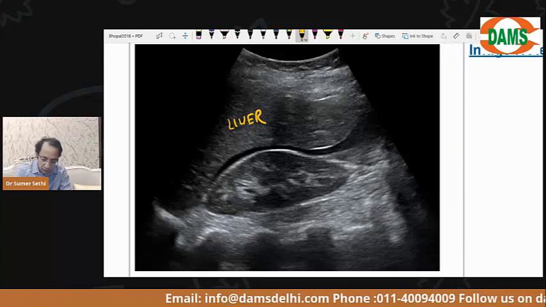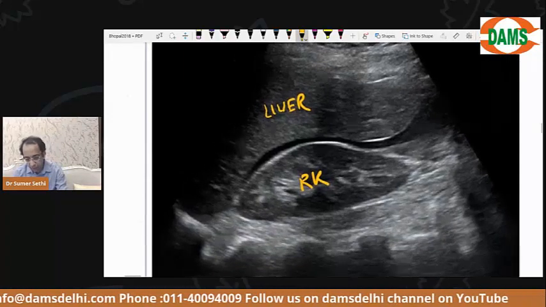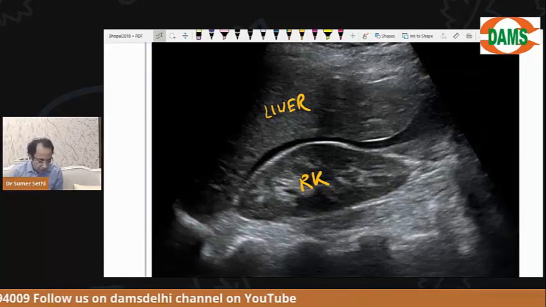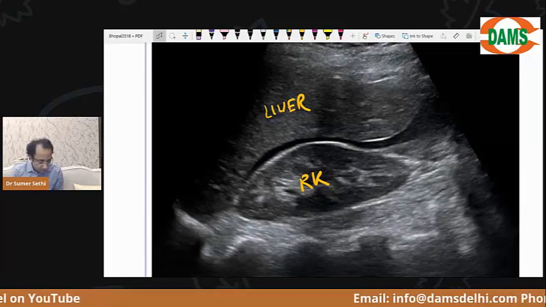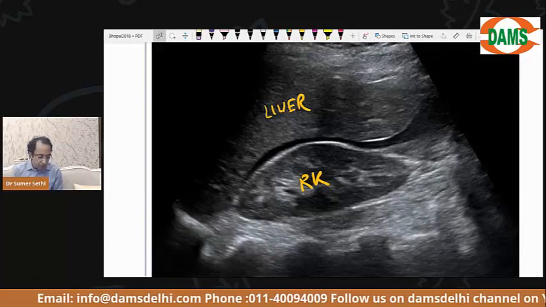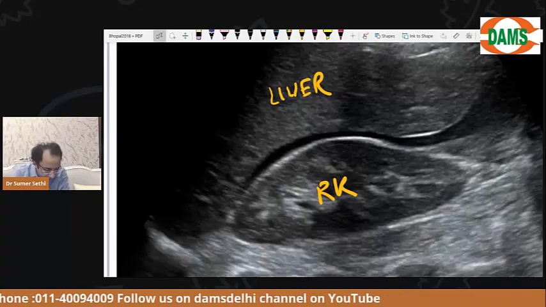This is the liver. This is your right kidney. Are you able to see it? Okay, I'll show you the slide again. Look at this ultrasound image first. There is the liver and you can see the right kidney.